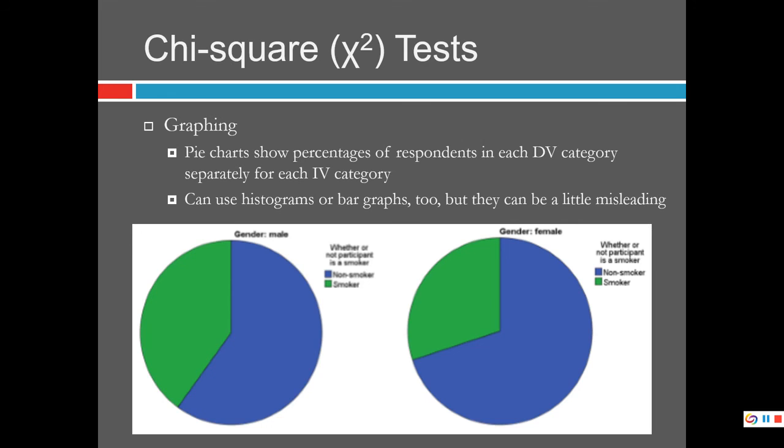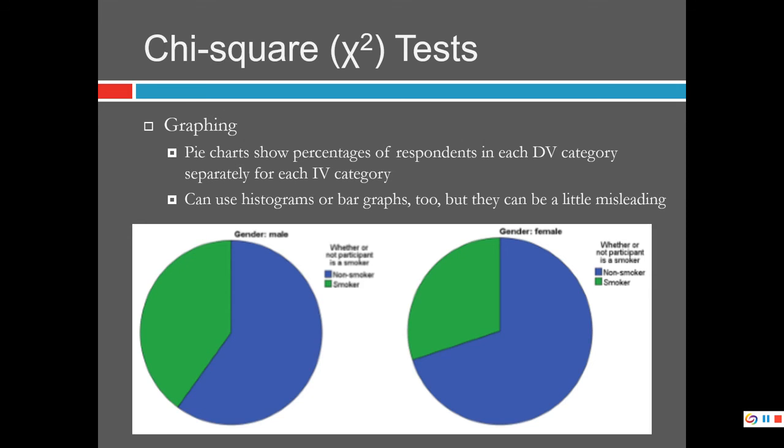It's always useful too to visually represent your data. I know that it can be a little confusing sometimes to know how to do that, so I want to tell you the more appropriate ways of doing that. When you have chi-square tests that are usually about ratios or percentages, it can be confusing if you put them in terms of bar charts or histograms.